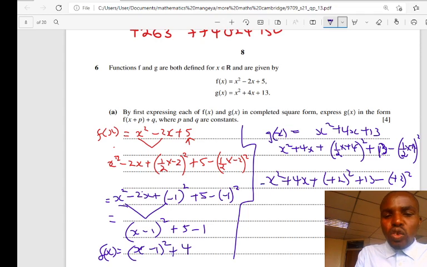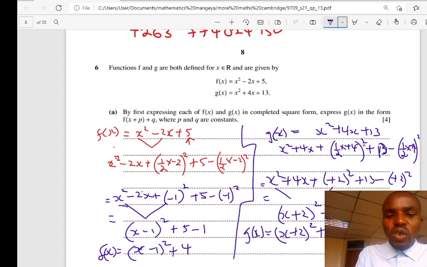Then I take this and this, I ignore the middle value, then x plus 2 squared plus 13. 2 squared is 4. It will be x plus 2 squared, then plus 9. This will be g of x, we've completed the square.